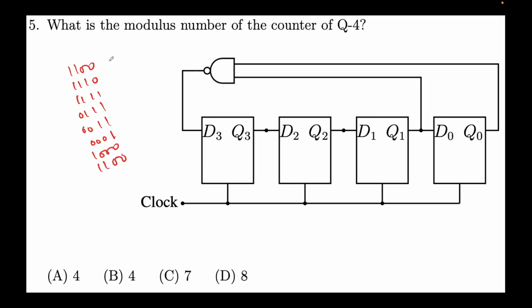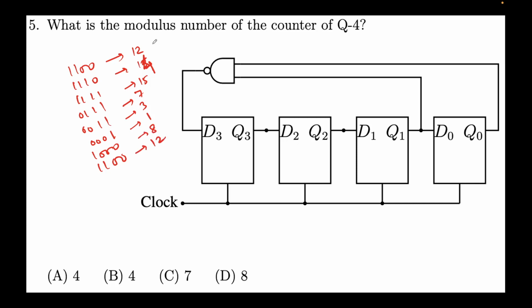Let's quickly convert them to decimal. So this will be 8 plus 4, 12. This will be 14. This will be 15. This will be 7. This will be 3. This will be 1. This will be 8. This will again be 12.